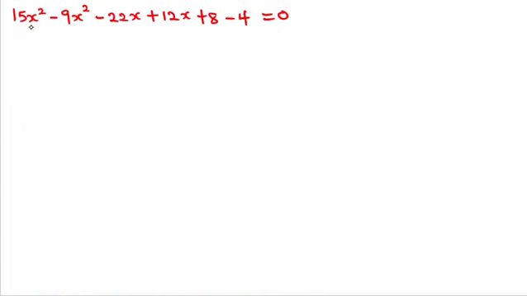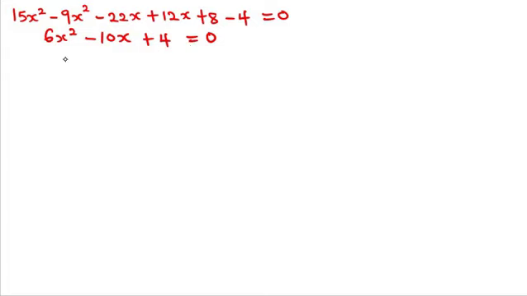So 15x² - 9x² gives us 6x². Minus 22x plus 12x gives us minus 10x. 8 minus 4 gives us plus 4, all equal to 0. Now this is what our quadratic equation looks like. So we are now left with 6x² - 10x + 4 = 0.